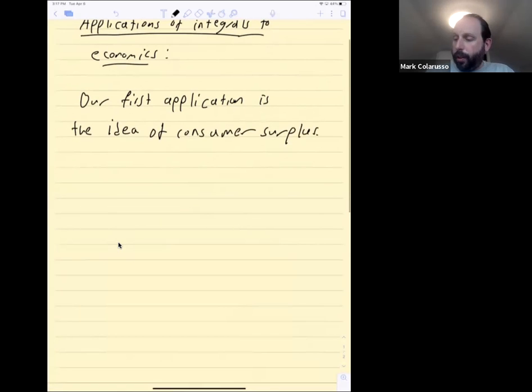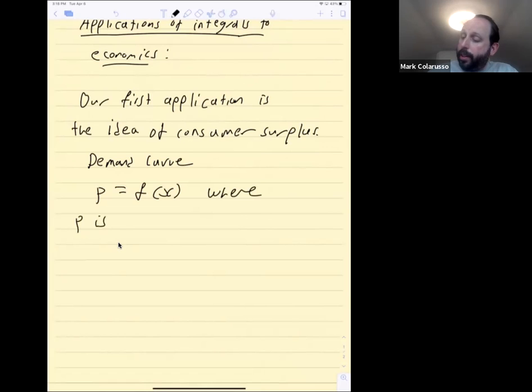Okay, so in this situation, we have a demand curve where price is a function f of x, where p is the price at which you can sell x number of items.